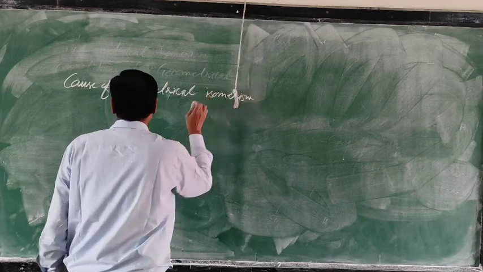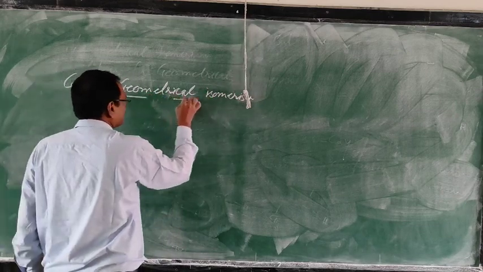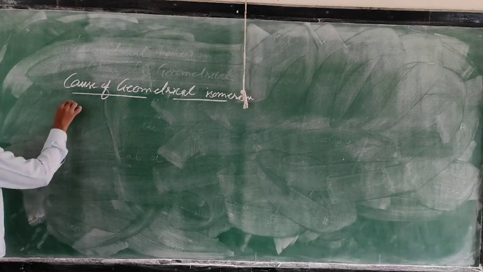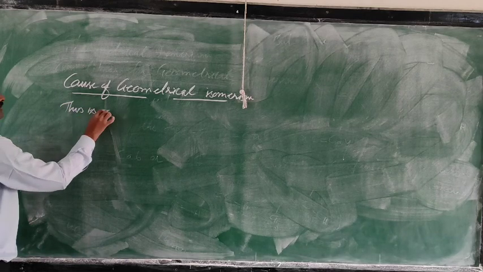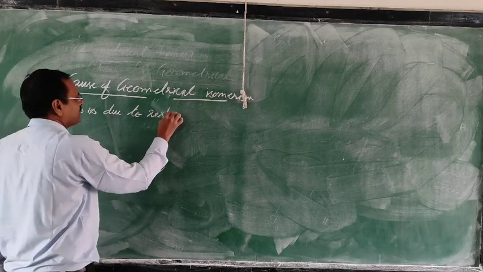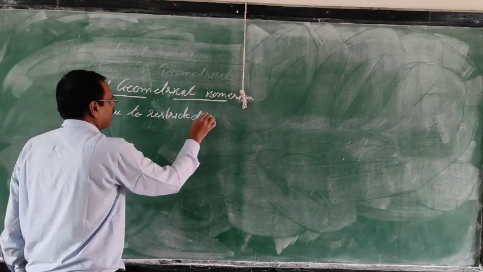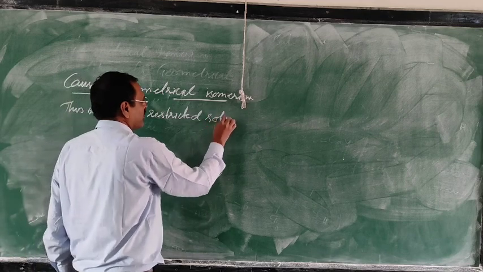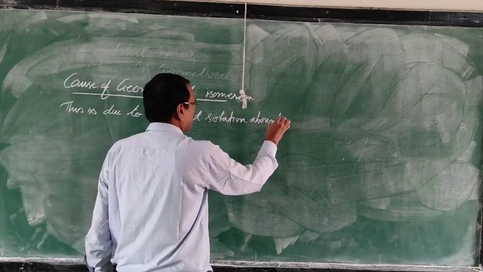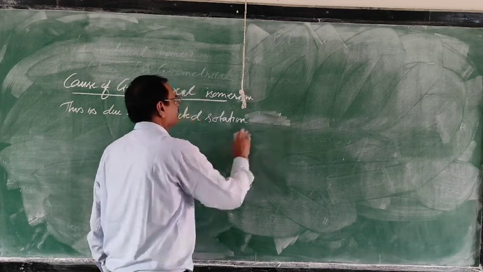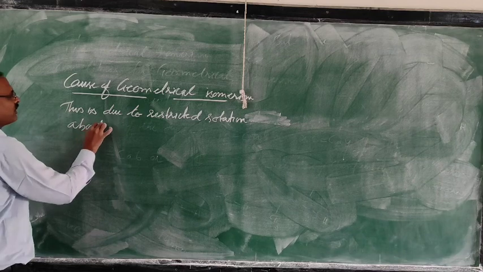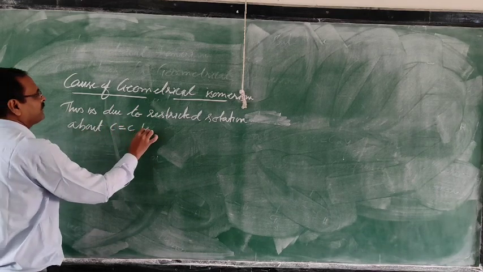So this geometrical isomerism is there due to restricted rotation of the carbon-carbon double bond. This is due to restricted rotation about the carbon-carbon double bond.